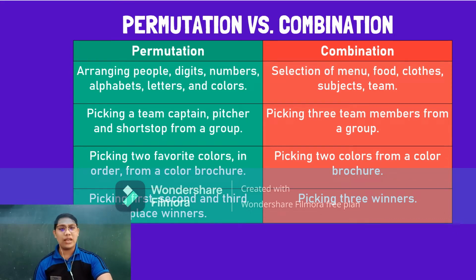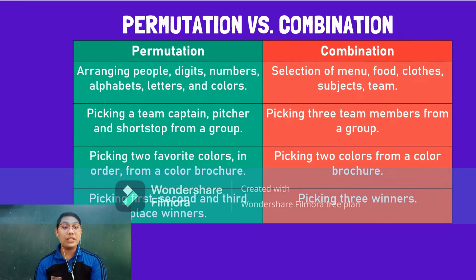So why do you think this is a permutation? This is a permutation because if we arrange, for example, digits, the order matters. For example, the digits 1 and 2 is different from 2 and 1 because 1 and 2 can be written as 12 and 2 and 1 is written as 21. So in a way, the order really matters when we arrange them.